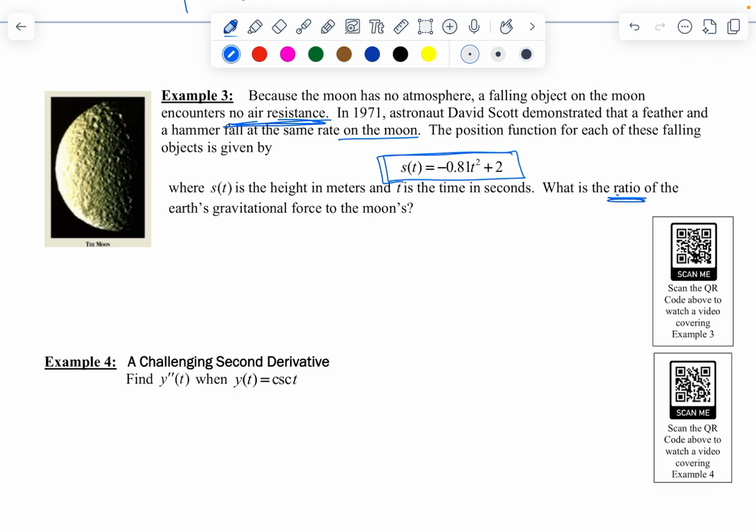What is the ratio of the Earth's gravitational force to that of the moon?